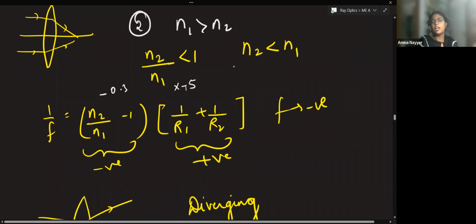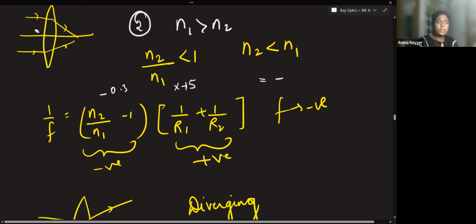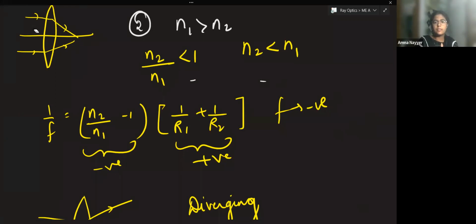Ultimately, with plus 5 and a negative term here, your answer will be negative, whether minus 1, minus 0.1, or minus 1.5. So the focal length is negative. Yes, now it is acting as a diverging lens because the focal length is negative. That's what I told you just now, the 2 points that we have written.